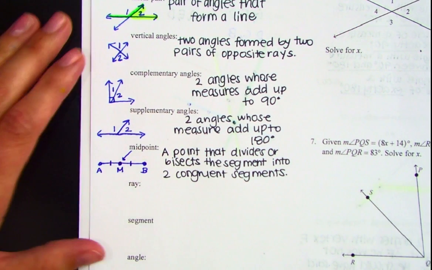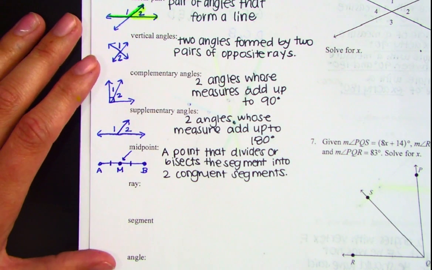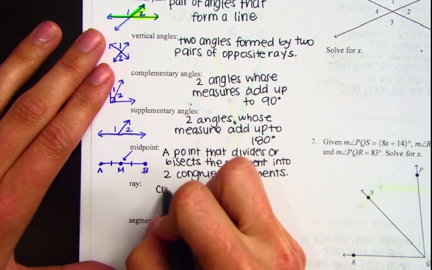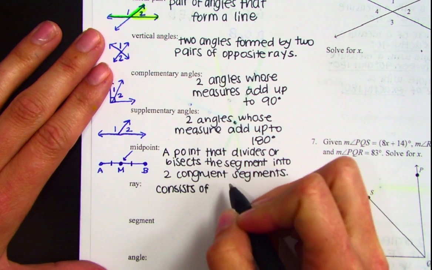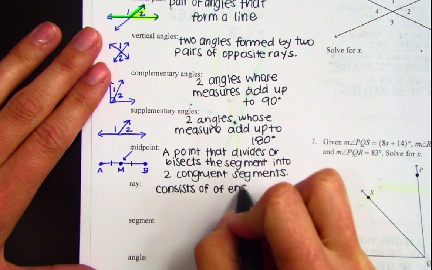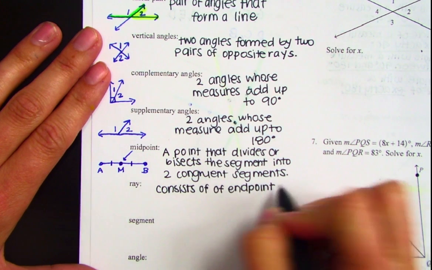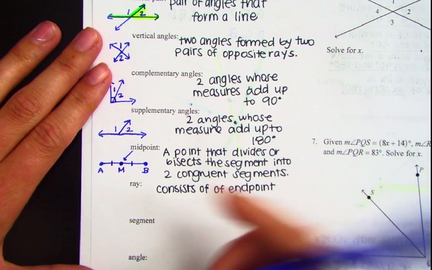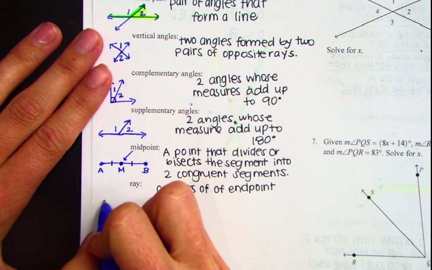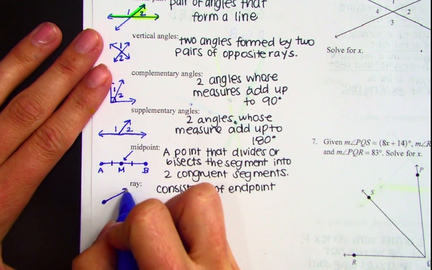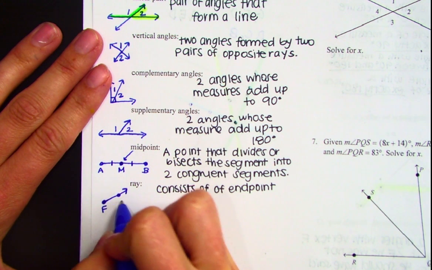All right, ray. So a ray consists of an endpoint. I'm going to go ahead and draw that for you before we continue this. So I'm just going to draw an example of a ray. I would have ray FG.